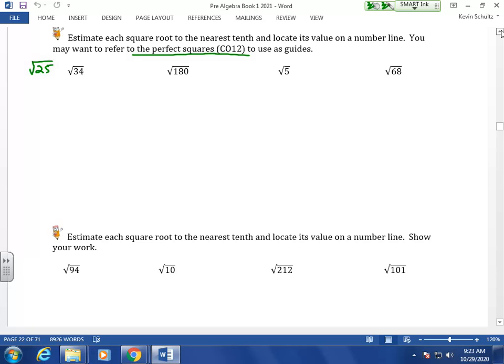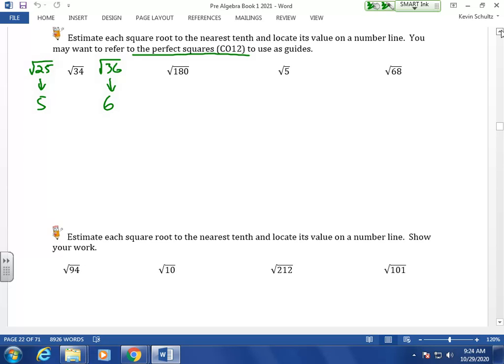And we know the value of 25 is 5, yes? What's the next largest perfect square after 34? G? 36. And we know the value of 36 is 6, right?